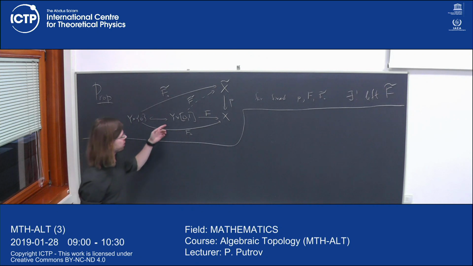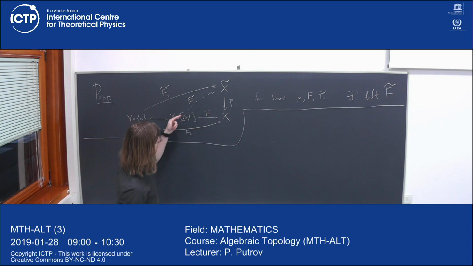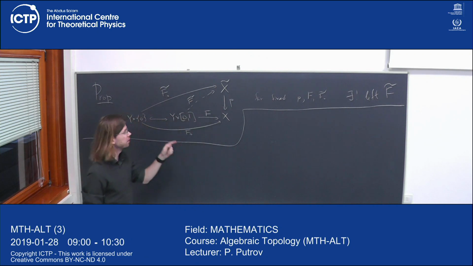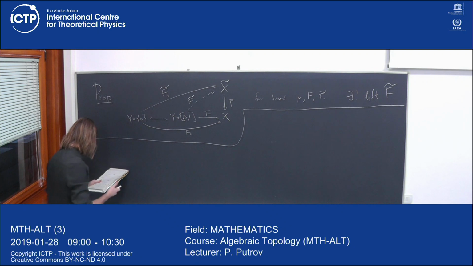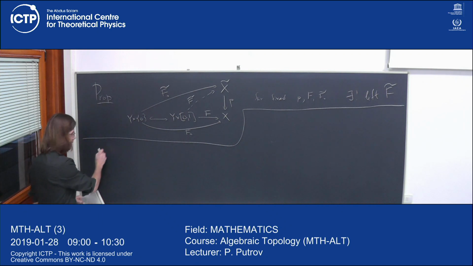And the lift, by definition, is such a function that this diagram commutes. You can go either this way or directly with this, and the result is the same. Okay, so we started the proof.